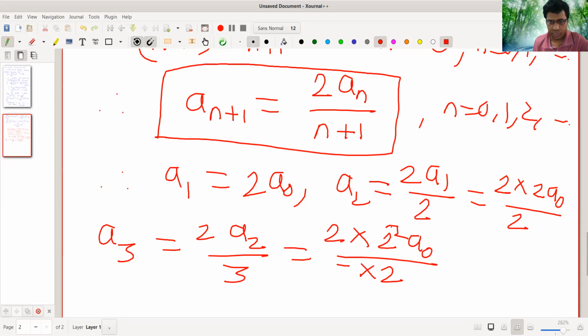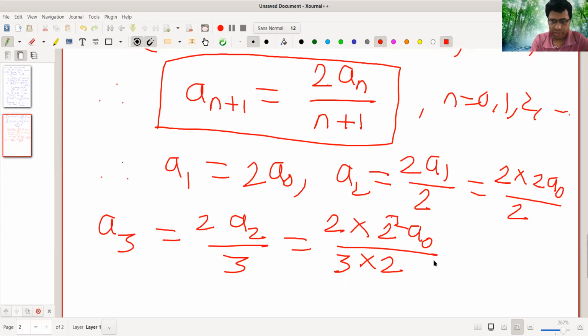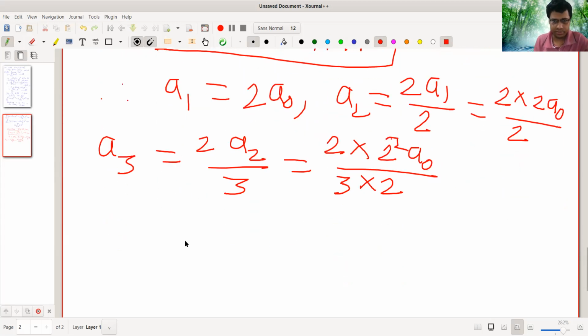So multiplied by 3 in the denominator. This can be written as 2 raised to 3 a0 by 2 into 3. So it can be 1 into 2 into 3, so it is 3 factorial.